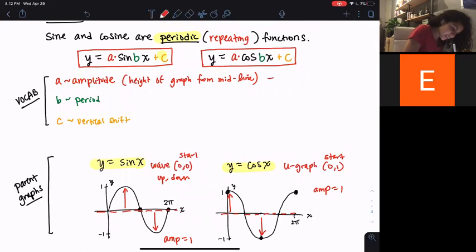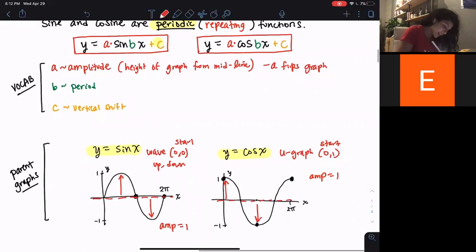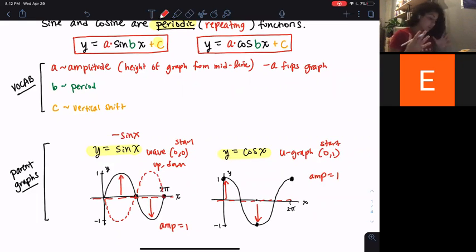If we have a negative A, it's going to flip our graph. Just like always, when you have a negative in front, it'll flip the graph. So if I had a negative in front of my sine x, my graph would look like this. My amplitude would still be 1 because it's still going up 1 and down 1.